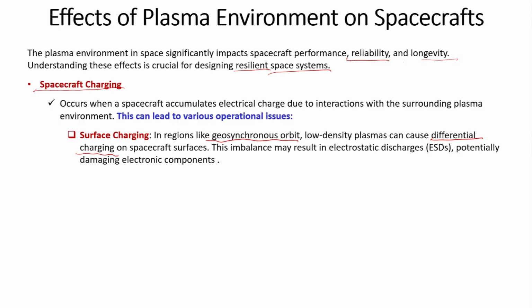So, there will be a potential difference between different parts, and if the potential difference is very high, it can develop a current. That is called a discharge current, or electrostatic discharge. We will see those things. Because of this, it can result in electrostatic discharges, ESDs, and this ESD is potentially very damaging to electronic components. That also we will discuss in more detail.